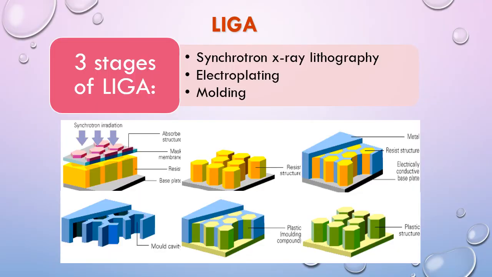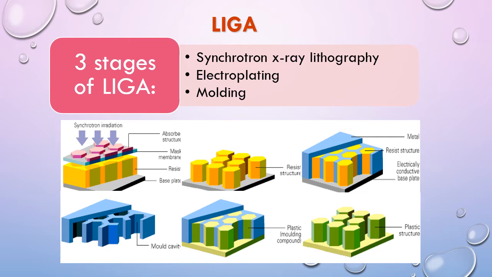As I mentioned in the definition of LIGA previously, now we go to the three stages of LIGA. There are three processes involved: the lithography, which we call synchrotron X-ray lithography, and then electroplating and molding.